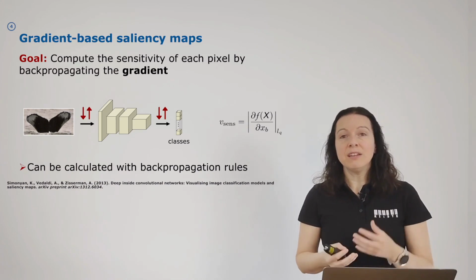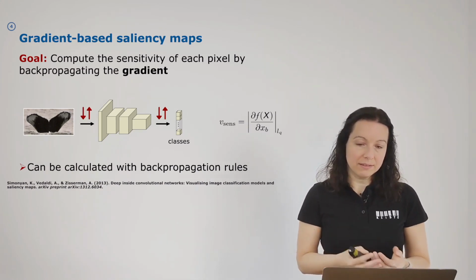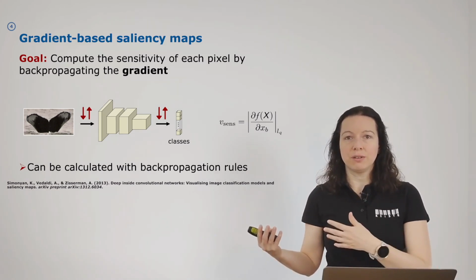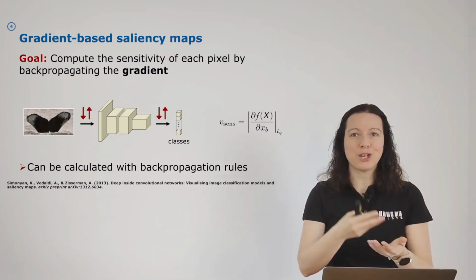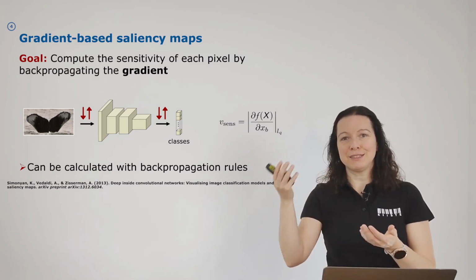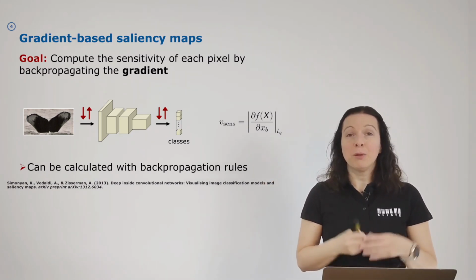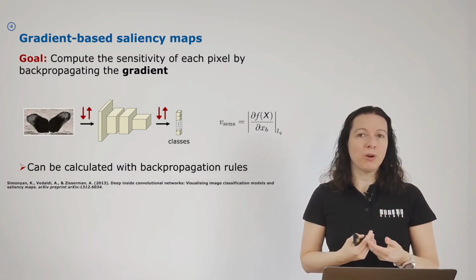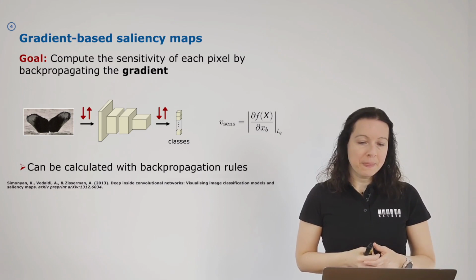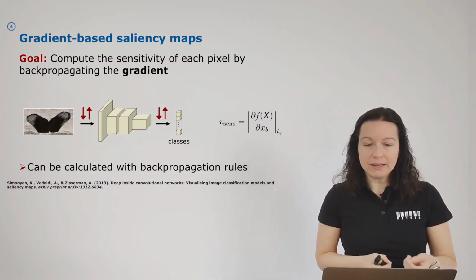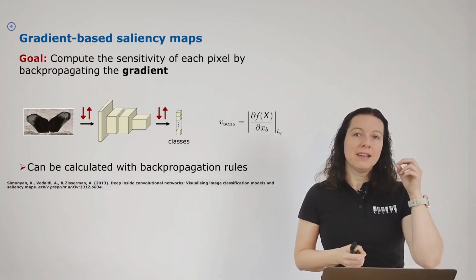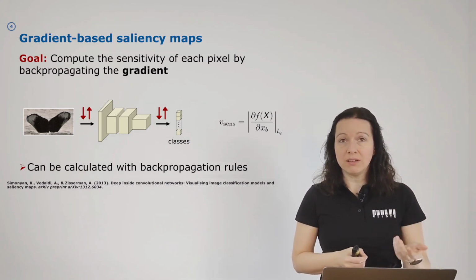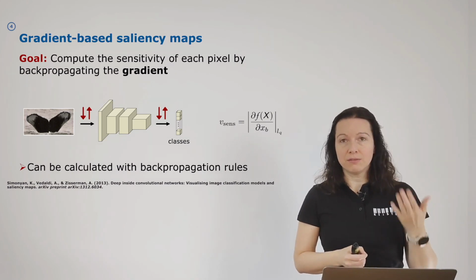And in general, this method tells us whether a change in the input image results in a change of the output, but by using gradients. So similar to what you heard before, but now we use gradients. And the interpretation of the gradient-based attribution is the larger the absolute value of the gradient, the stronger the effect of a change of this pixel.